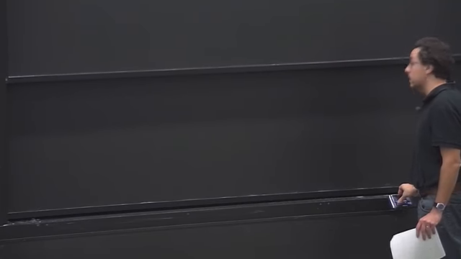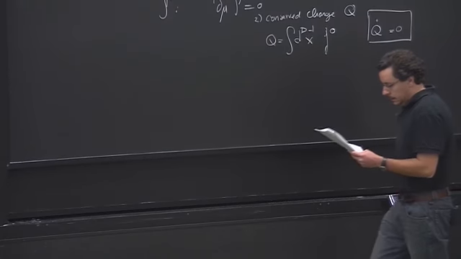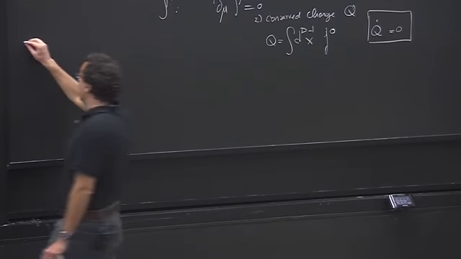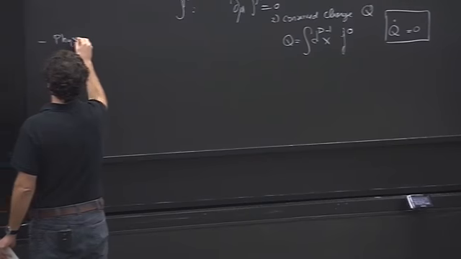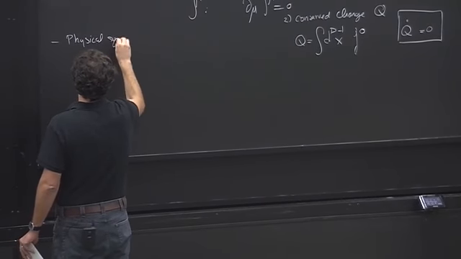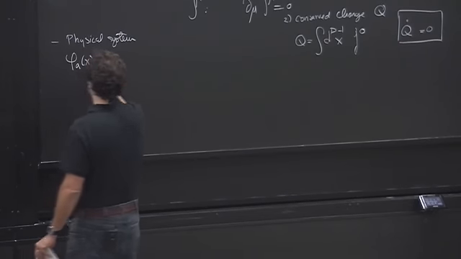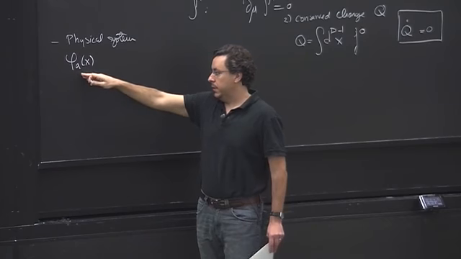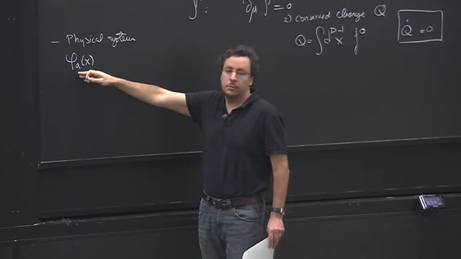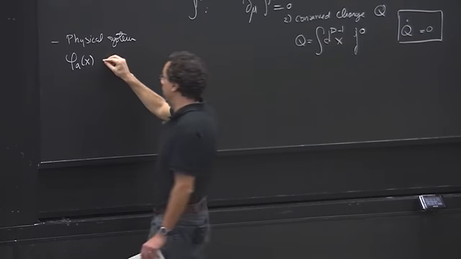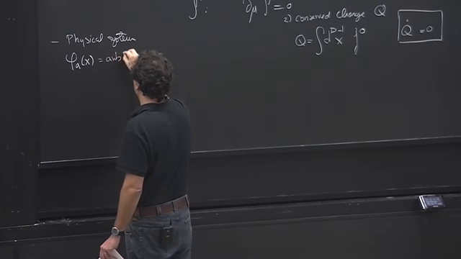Let me do it here. So now let's consider some physical system described by a set of fields phi_a(x). This is a collection of fields. I call it phi just to call it something, but this could be an arbitrary collection of fields.